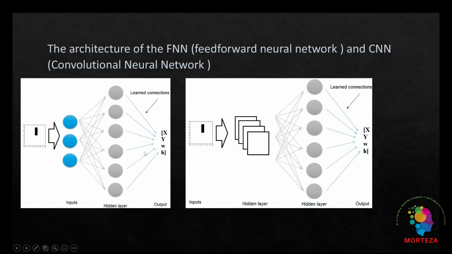On the other hand, the CNN here consists of two hidden layers: one convolutional layer and one dense layer. Therefore, the network gets in the image containing the rectangle shown before, right here, and after going through the convolutional layer, which is here, and the dense layer, it outputs the parameters of the bounding box.